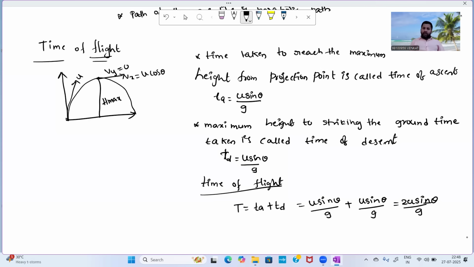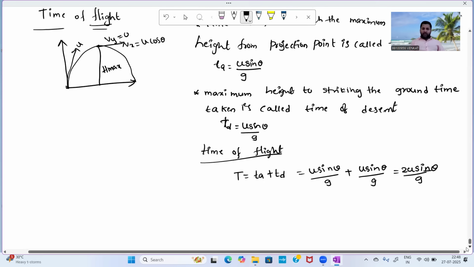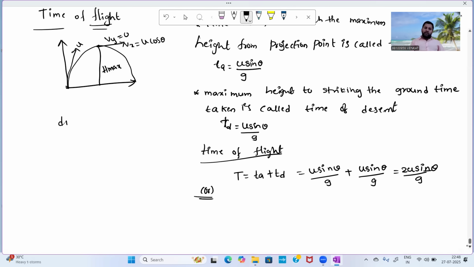But another method we can take is the kinematic second equation. From the projection point to striking the ground, what is the displacement? Displacement is 0, right? The vertical component uy is equal to u sine theta, and gravity is minus g.